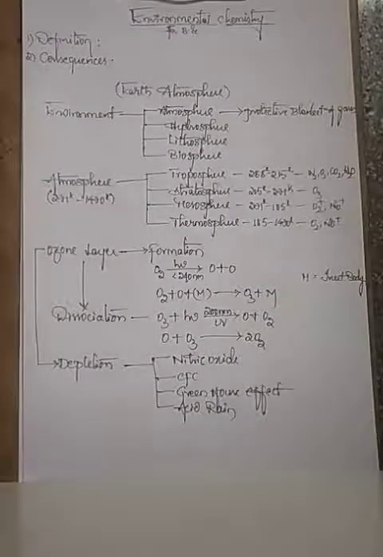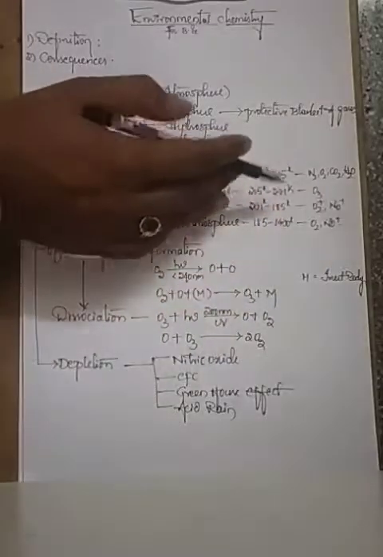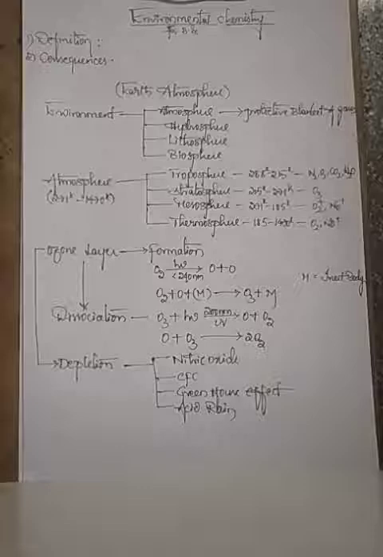That region is called the stratopause. The warming up in this region is due to absorption of UV radiation by ozone present in this region. Why is the temperature high? Because the high UV radiations are absorbed by the ozone present in this region.